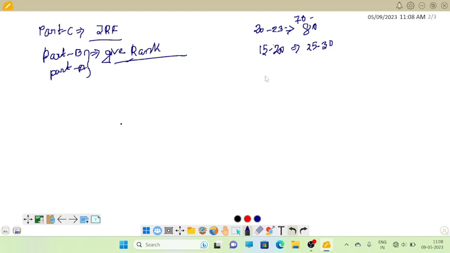And here you try to attend 5 to 7 questions and get 7 to 10 marks. You are already qualifying, say 25 plus 7 means around 110, including negative marking. So you have to be calculative in your attempting.